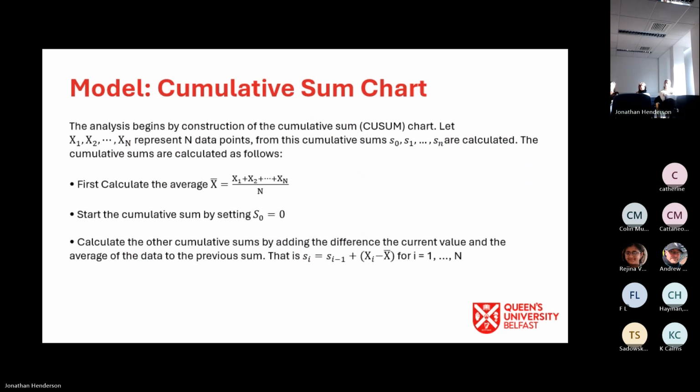So from this, we then wanted to say, well, could we analyze this through time? Because of the size of the data set, applying a temporal model was very complex. So what we did was we looked at some measures from change point detection instead. So really, it's looking at a cumulative sum chart.